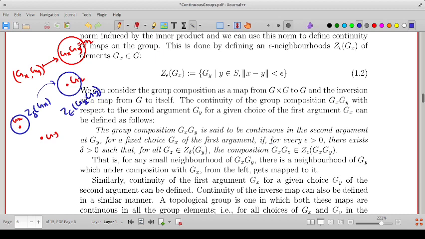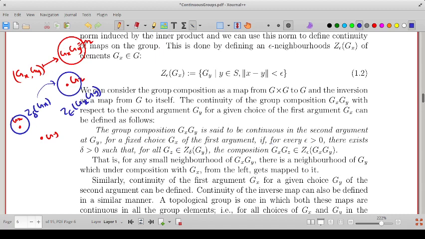In a similar fashion, we can fix gx, and then the composition map will now be a map from gy to the product gx gy. Then we can define the continuity of the map with respect to gy at the point gy.